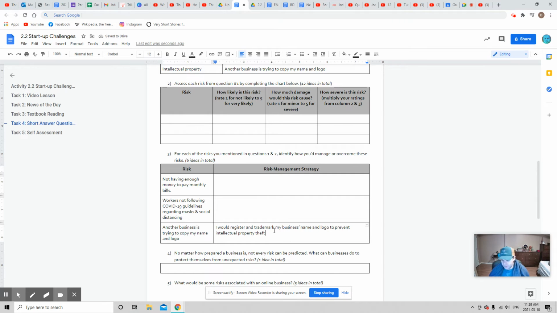This idea was taken from the textbook too, and this is how businesses trademark their logos and names so that no one else can take them. So basically, this risk can be prevented entirely with a simple intellectual property trademark. So whatever risk you choose, you just copy and paste them here.